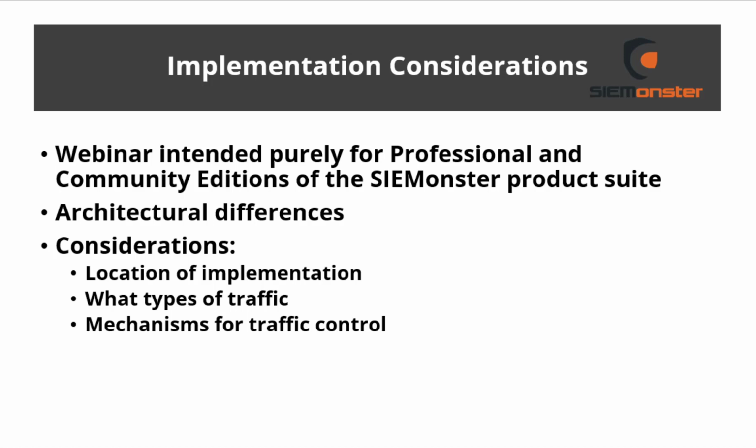The biggest architectural difference is that Kubernetes is multi-tiered. You've got multiple nodes with load balancers and services running, whereas the professional and community editions are all single instance installs. Another thing to consider when deploying Syslog is where your destination sits.